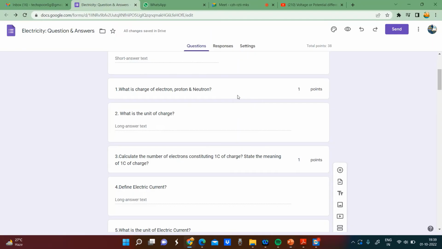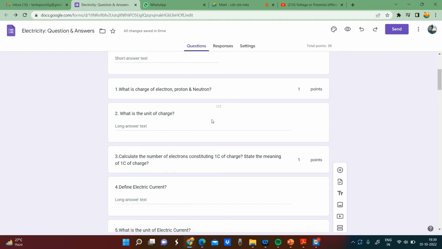Coulomb is represented by capital C. That is the unit of charge. Then completed, Anuvid. Second question answer. Yes, sir. Completed.